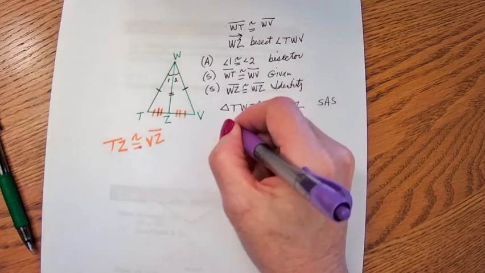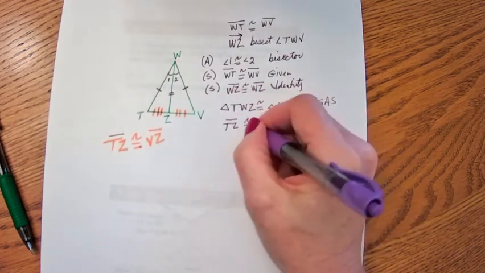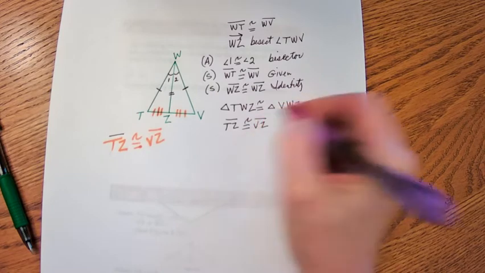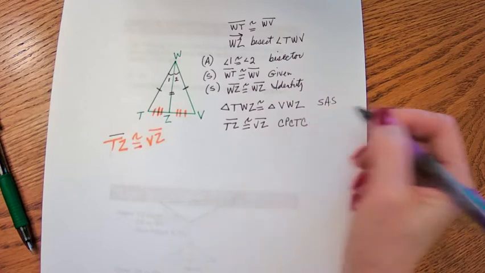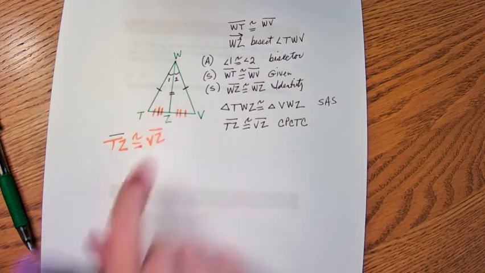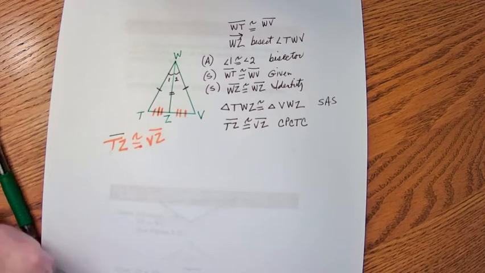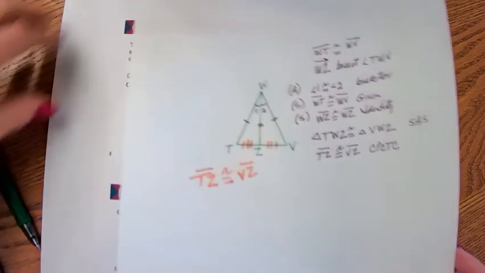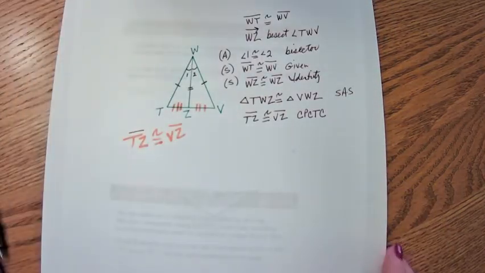So I can say TZ is congruent with VZ, and what's my reason? Corresponding parts of congruent triangles are congruent. I've already proven that these two triangles are congruent, so they are corresponding sides, so they are also congruent. So that's the solution for this example.